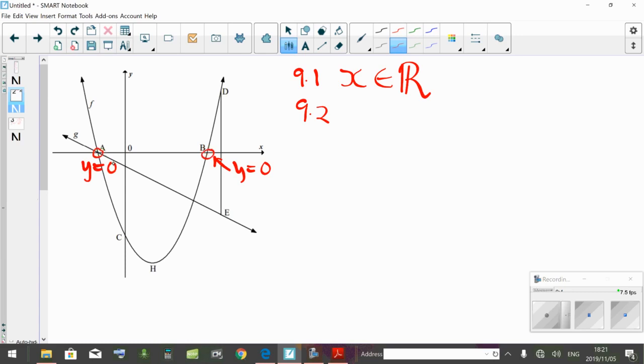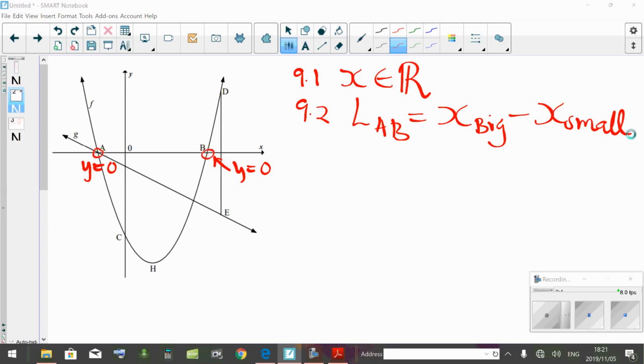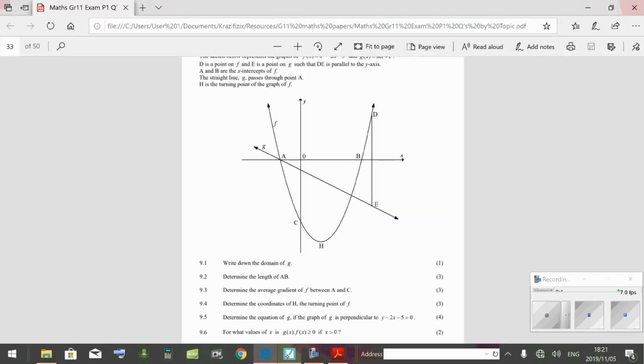But to find the length, we are not going to bother ourselves with the distance formula, since y values are already 0. The length of AB can be obtained by saying x big minus x small. Now the question is, how do we get those two values?